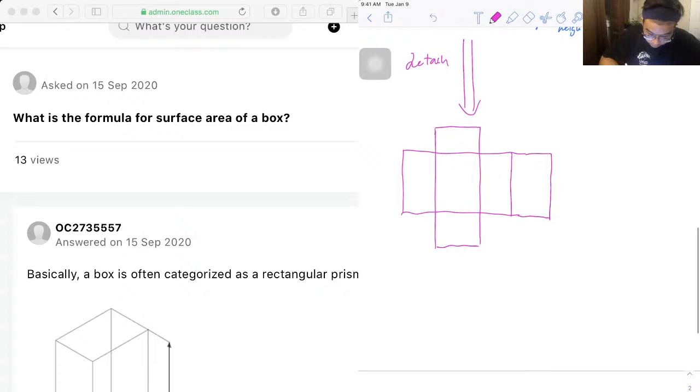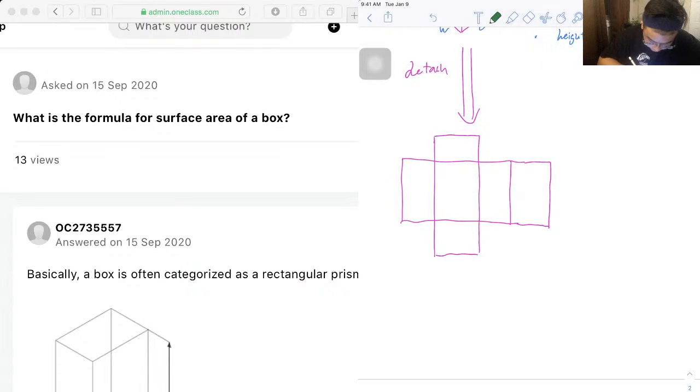So let's use a different color to represent each area.